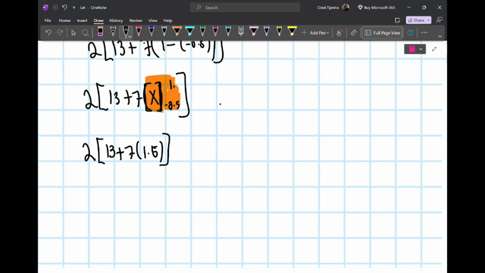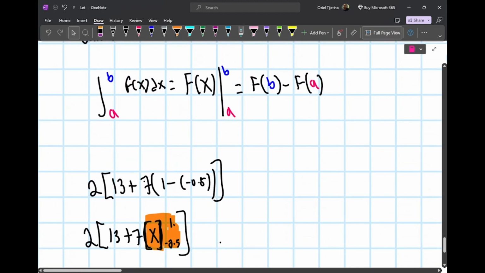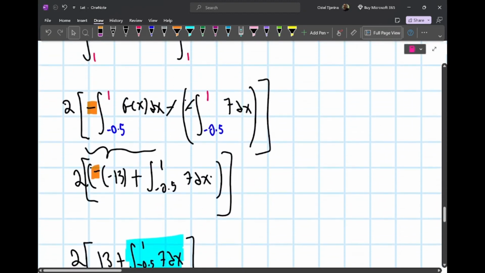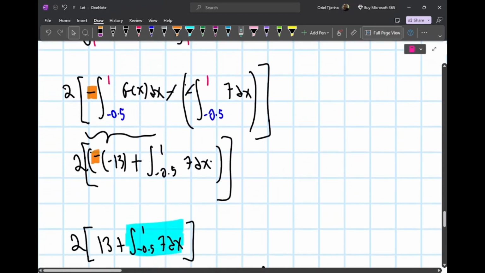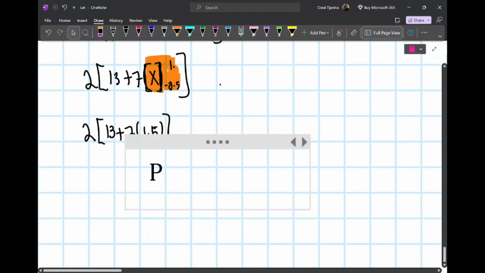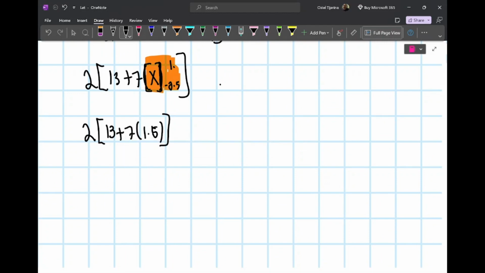And then from here, this entire thing is going to give us, actually, hold on, guys. Give me a second. Okay, guys, sorry. So this entire part, let me just calculate it with a calculator.